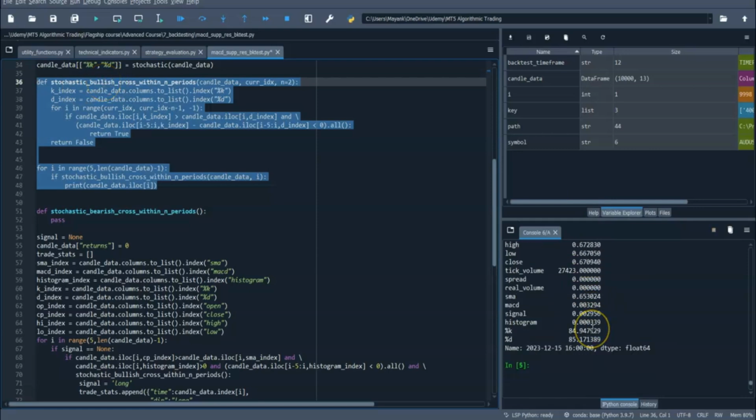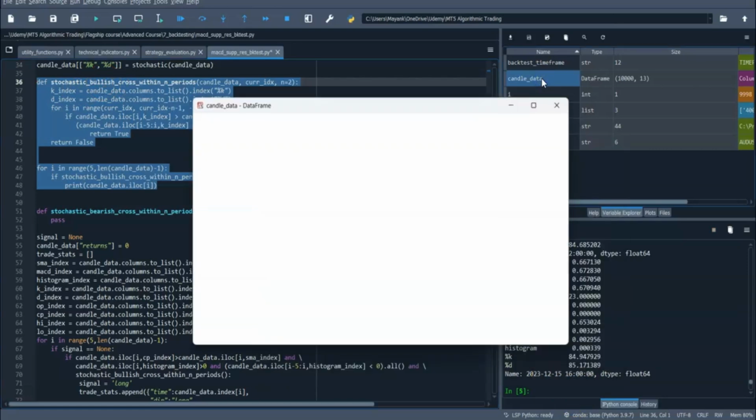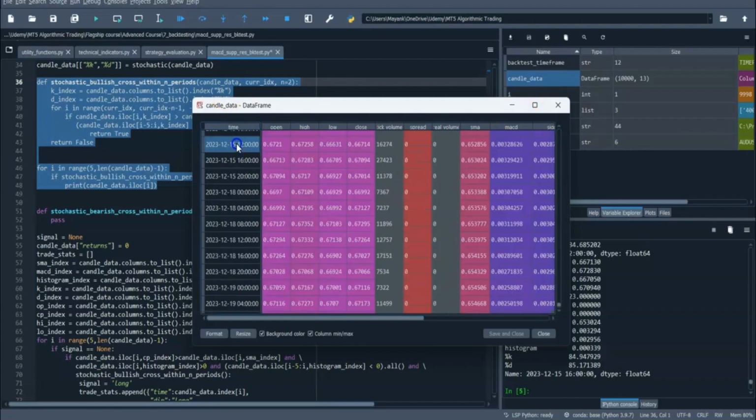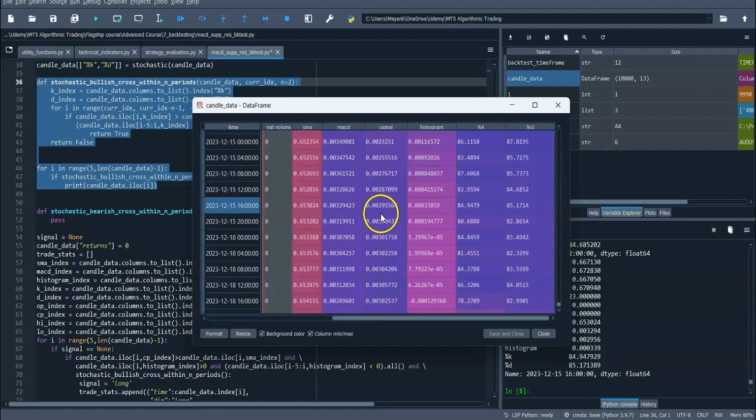So let's take one for example. It is saying 15 December 2023. So let's see what happened on 15 December 2023, 4 p.m. Alright. So let's see. The stochastic crossover should have happened within 2 periods of this. So let's check for stochastic. So here %k is actually less than %d, so not good.